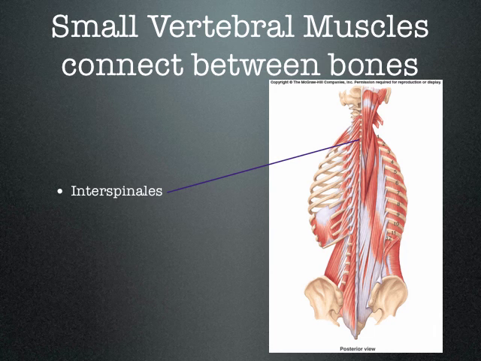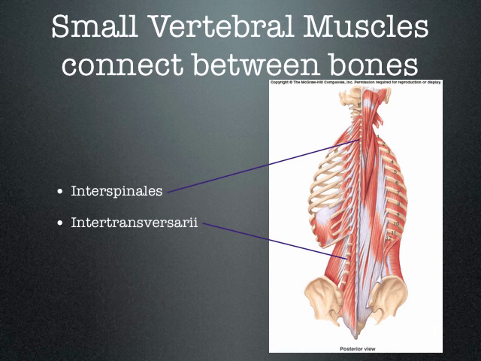Now, we can double that with the next muscle. We've got a muscle called intertransversarii. Where would this muscle be? You know this just by its name, don't you? Between the transverse processes, of course. And you've got these running all the way up and down. You can see them a little. They chose to show them down here in the lumbar area, but you've got to think they're all the way up and down.